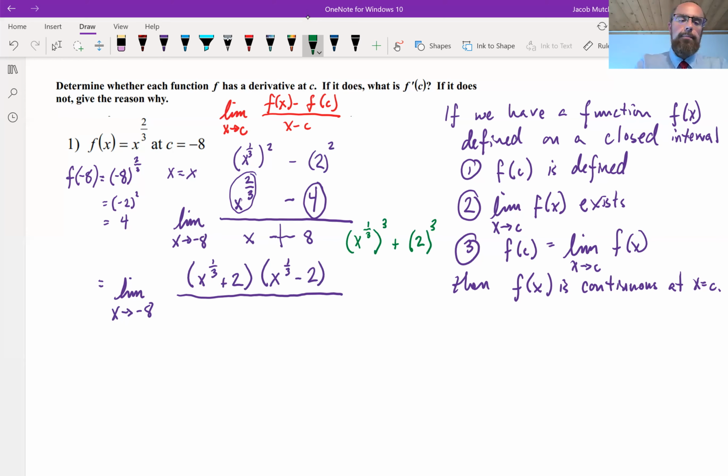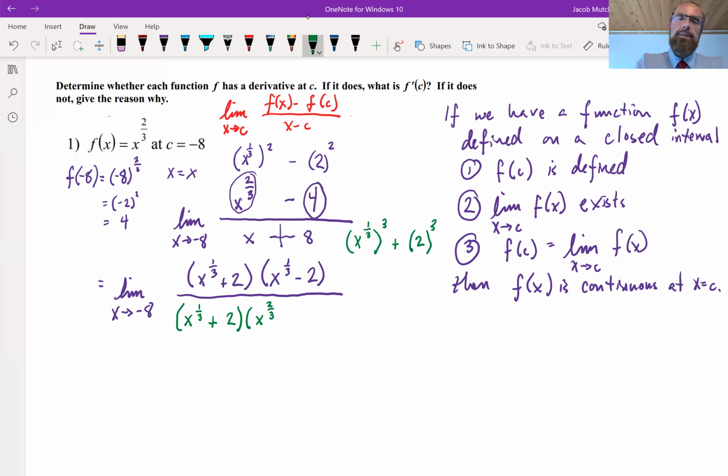Remember from algebra 2, for the sum, it's the first term, x to the power of the cube root, plus the 2. And then in parentheses, we have a trinomial, recall, and it's a quadratic. So this is x to the 1/3 squared, so that's x to the power of 2/3.